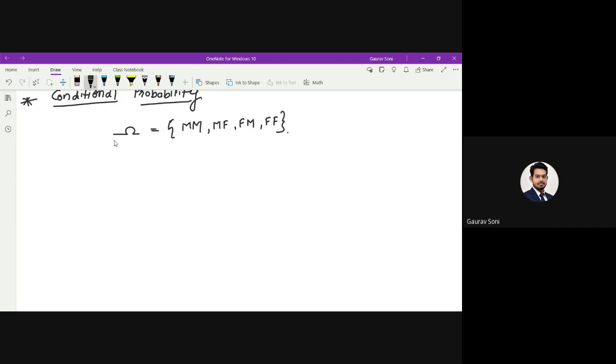So I will define an event A. Say for example, A is an event that both are males. So the event A will have both males, right? Now probability of A is actually 1 by 4.